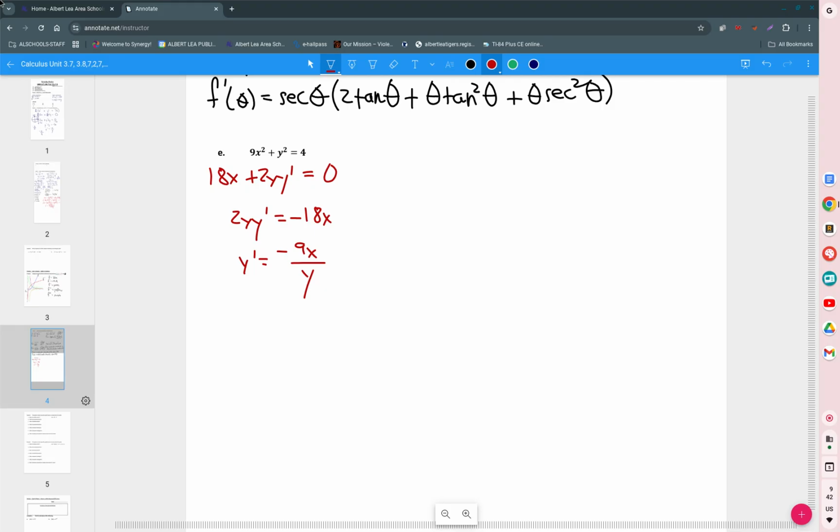Now we'd like to find y double prime. What rule do we need to use to find y double prime? The quotient rule. Let's be careful with the algebra. The derivative of the top, negative 9, times the bottom, minus the derivative of the bottom, y prime, times the top, all over the bottom squared.